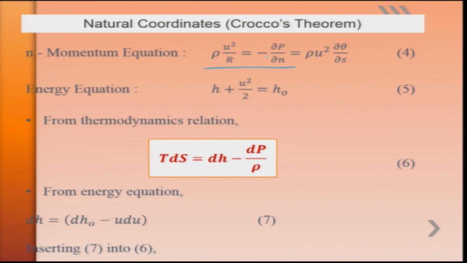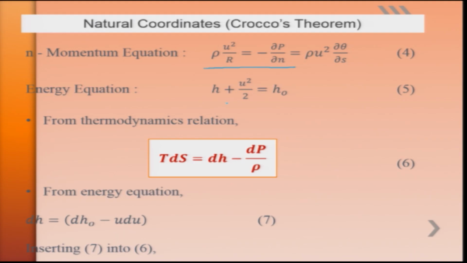That is, rho u square upon r is nothing but the gradient of that force, which is del p by del n, and hence this can be written further as rho u square del theta by del s.